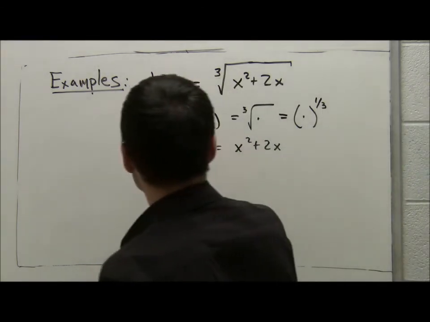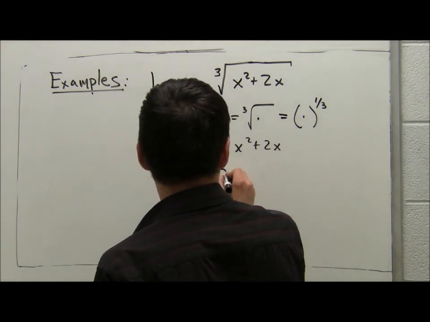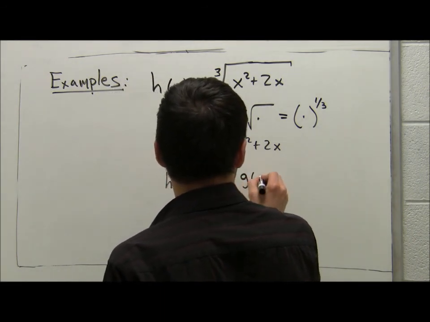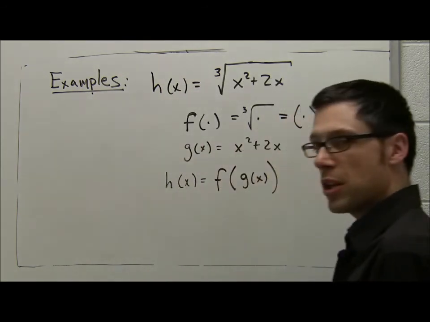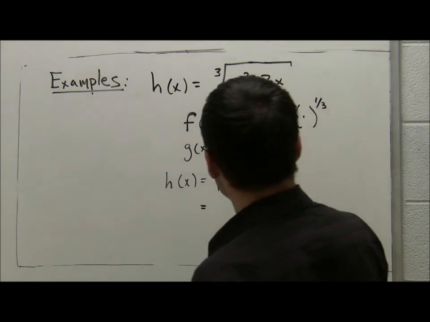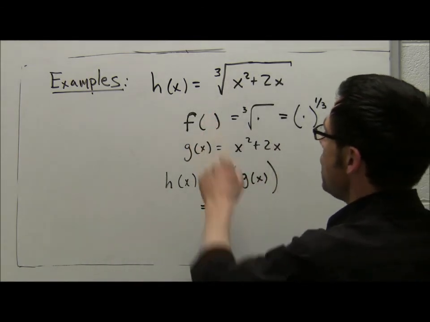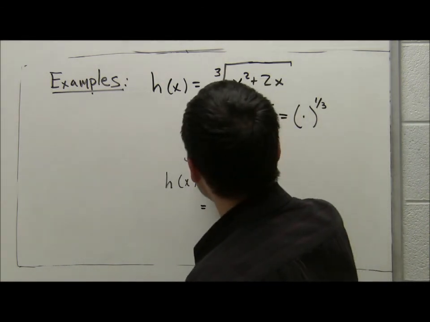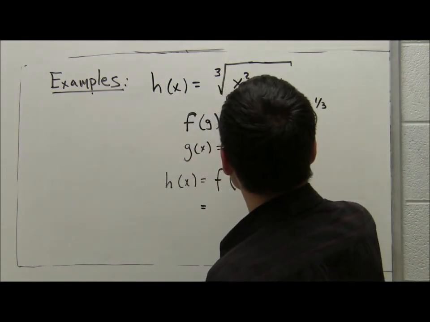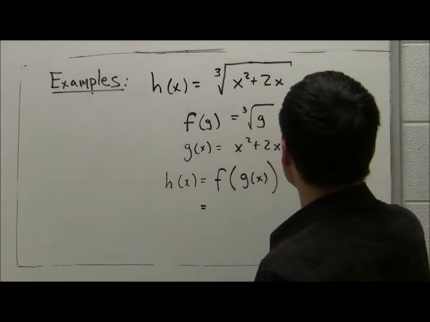Let's rewrite h. So in this case, h of x is definitely f of g of x. This is now equal to, again, f of g. If I put g in here for my input for f, f of g is just going to be the cubed root of g, and that's g to the 1/3 power.